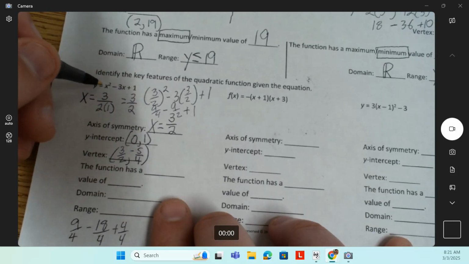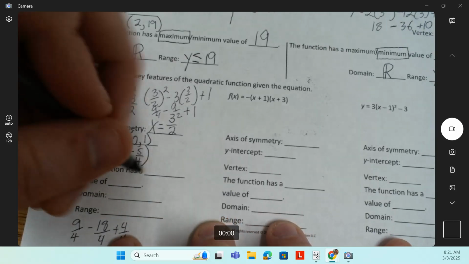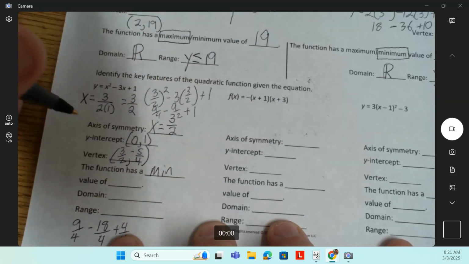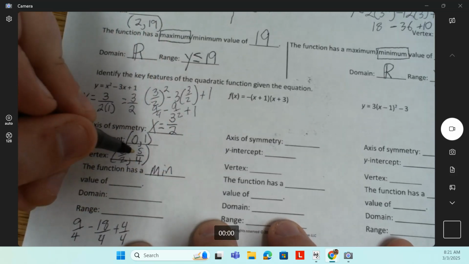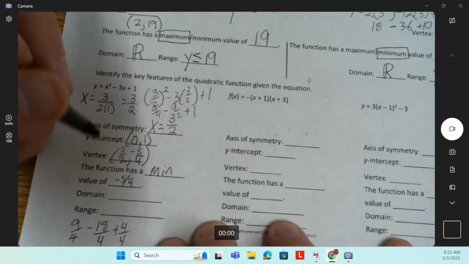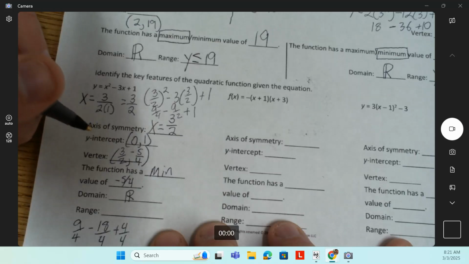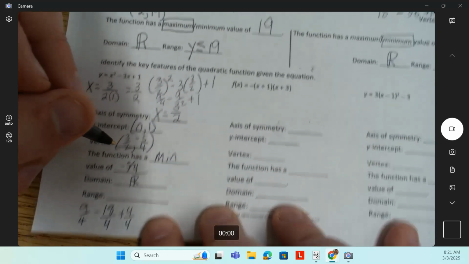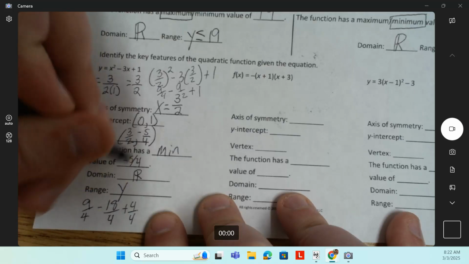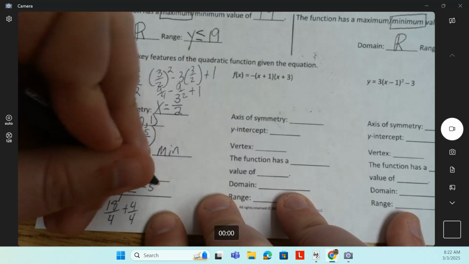And then it's positive, so it's concave up, which means it's going to have a minimum value of the y value here, -5 over 4. My domain is still going to be all real numbers. And my range is going to be y is, since I have a minimum, everything's going to be greater than or equal to -5 over 4.